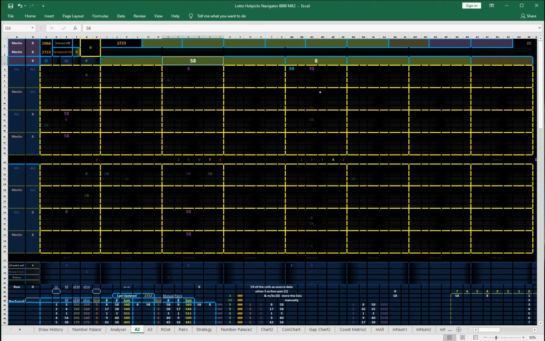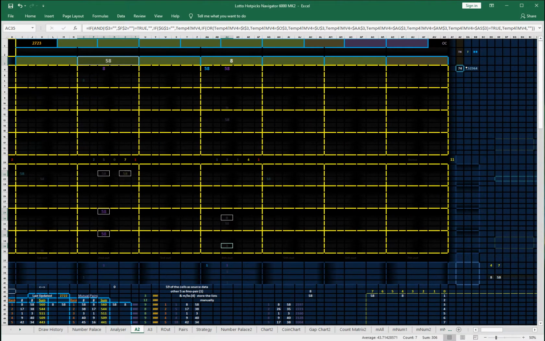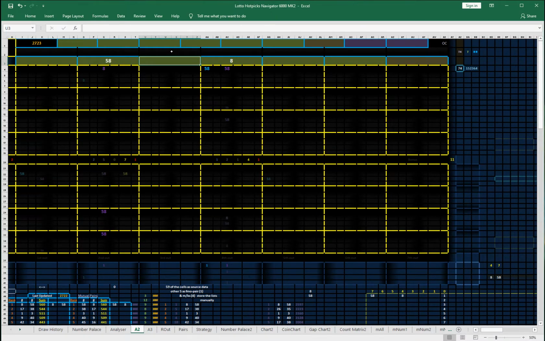So if 58 is in this column and 8 is in this column, because these are the columns where they stand out the most, then based on this order code, I'm going to need a smaller number than 8 in this column and the smallest number of all in this column.